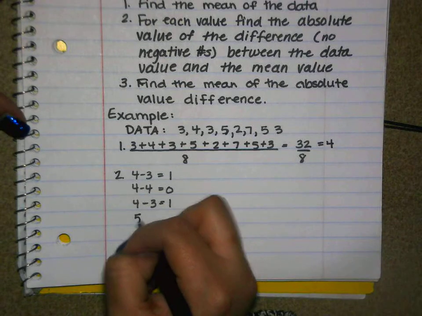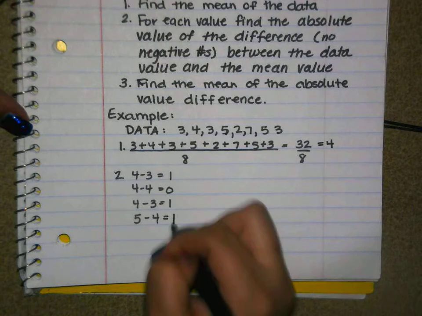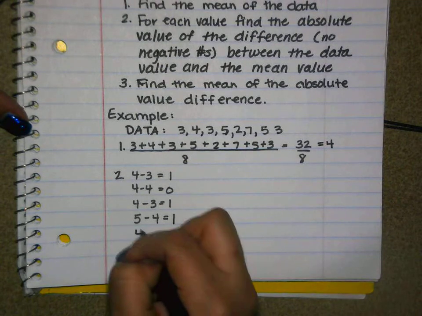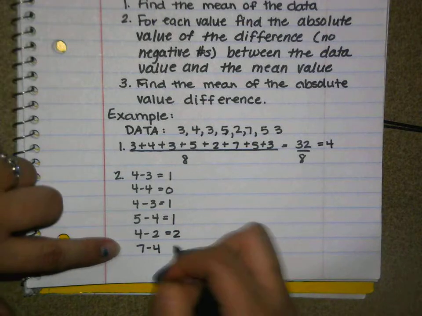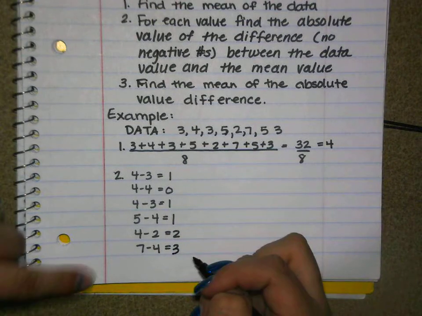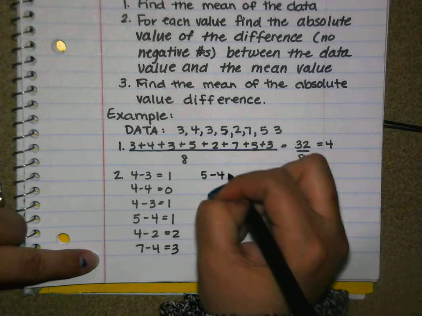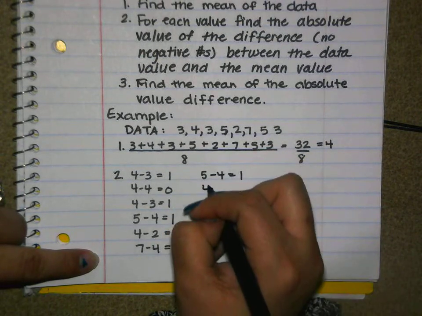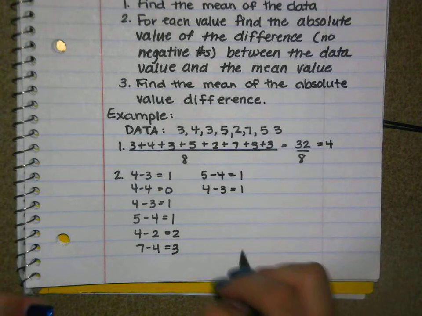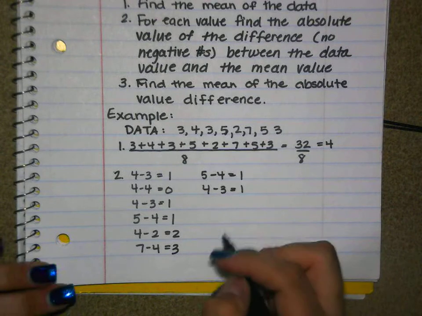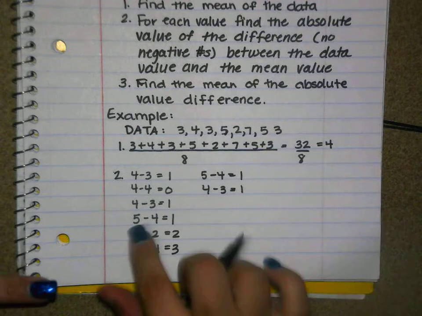That'll make it easy, because then it'll be like taking the absolute value, kind of, right? There's a 1, and then a 4 minus 2 is 2, and a 7 minus 4. Notice I put the bigger number in front again, so I wouldn't have a negative, is 3. And we'll continue over here. 5 minus 4 is equal to 1, and 4 minus 3 is equal to 1. Remember, all of these are positive numbers. We're not arguing with any negatives. Okay, now we found all of the differences between the mean and the data points.